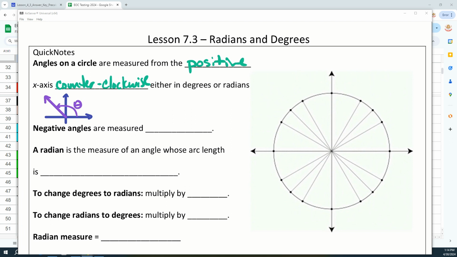If they are rotated in that direction, they're considered to be positive angles, and the negative angles are measured in the clockwise rotation. So a negative angle would go this direction.